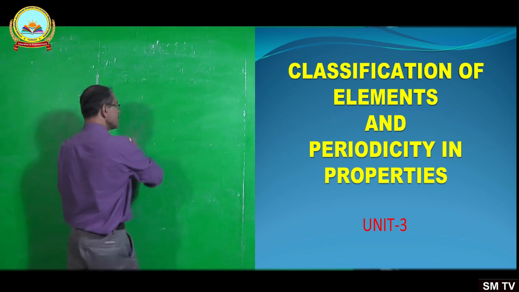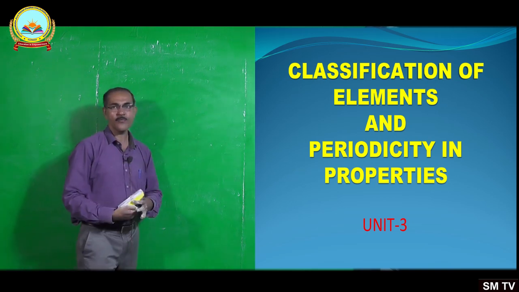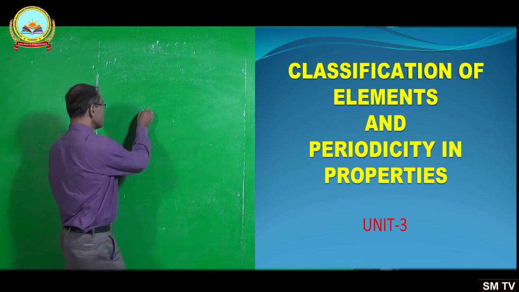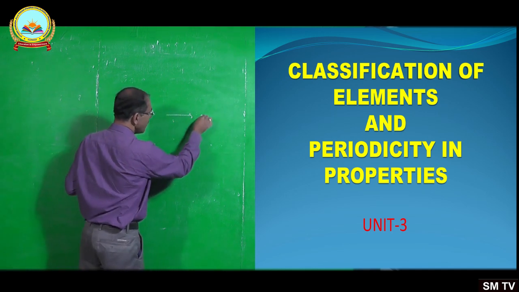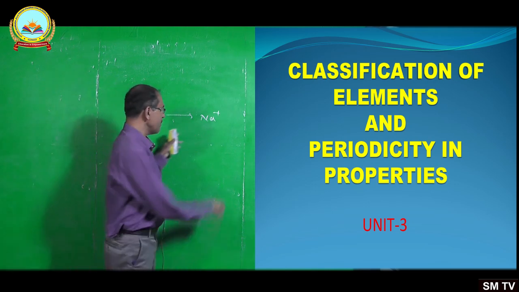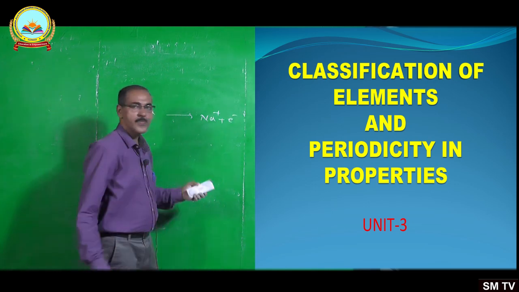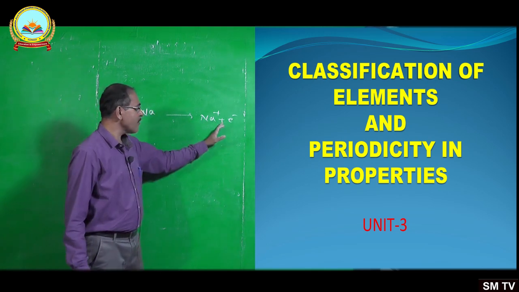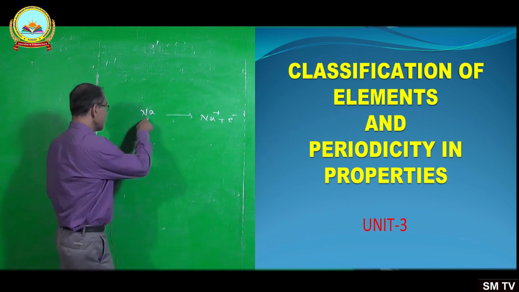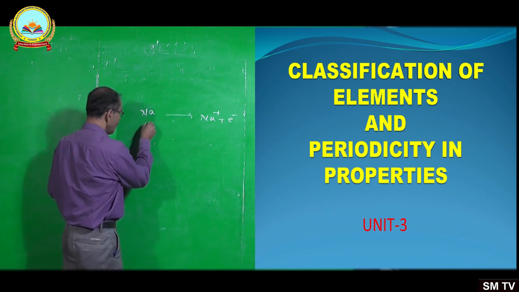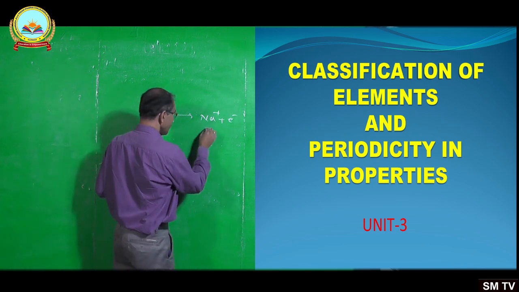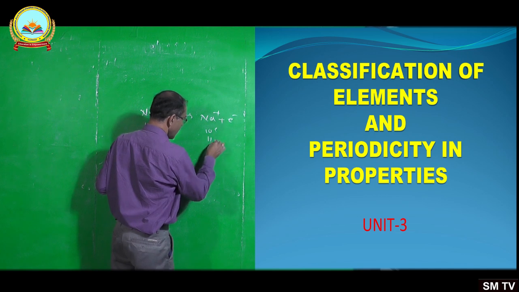Then the radius of the cation and the radius of the anion. Cation and its neutral atom, for example, Na and Na plus. Na gives Na plus plus electron, right. A cation is formed by losing an electron. Here in case of sodium atom, you have 11 electrons and 11 protons. In case of Na plus, you have 10 electrons and 11 protons.